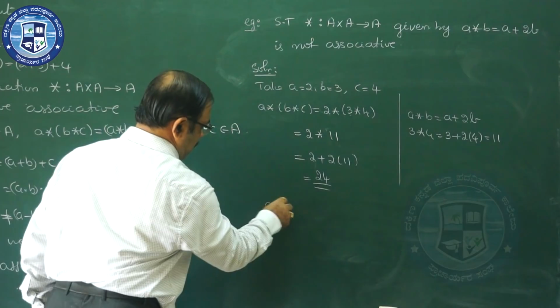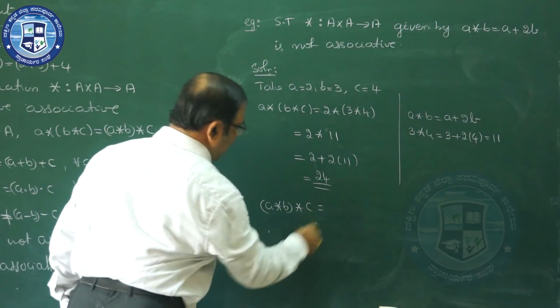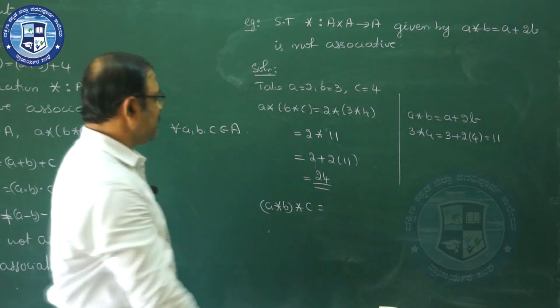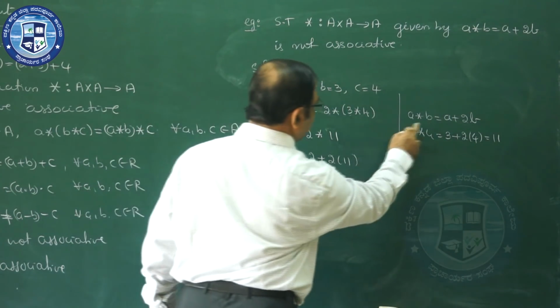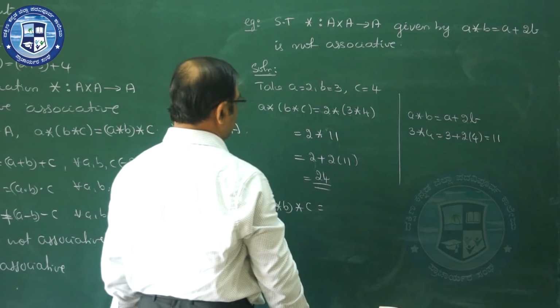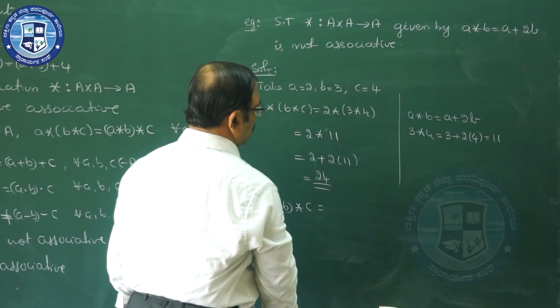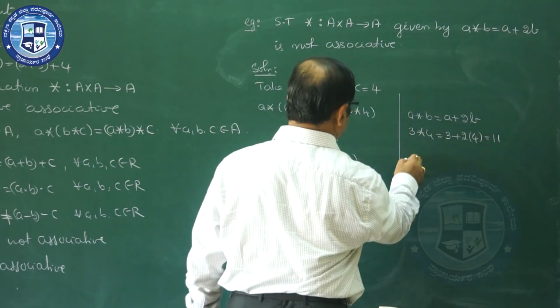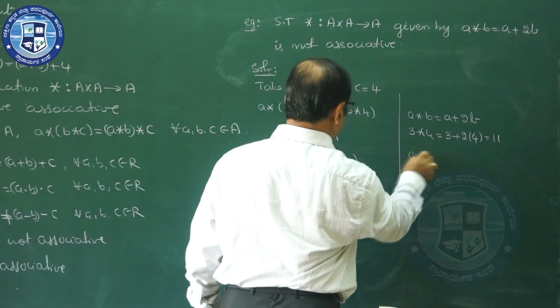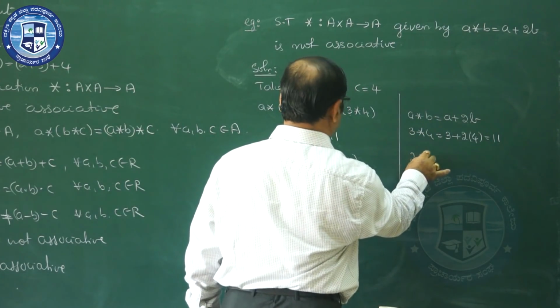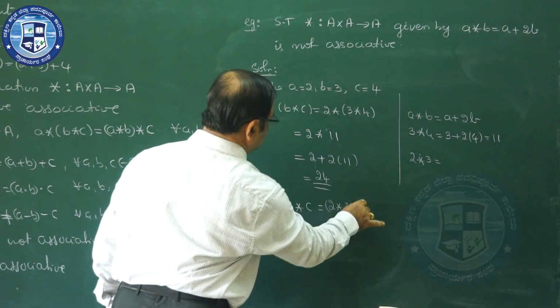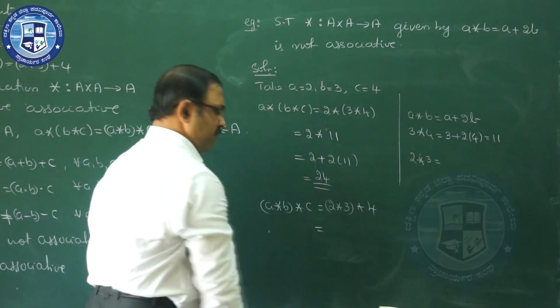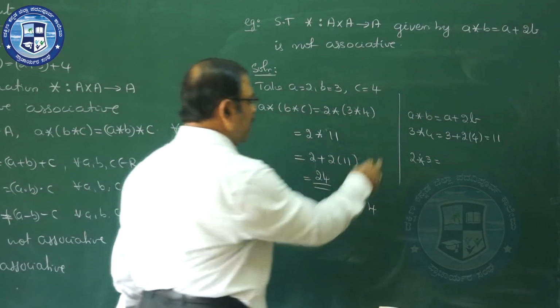Similarly, A star B star C, that is same as A star B. What is A star B? A plus 2B. Okay? So how do you write this? A star B means 2 star 3, so this is 2 star 3 star 4. What is 2 star 3?